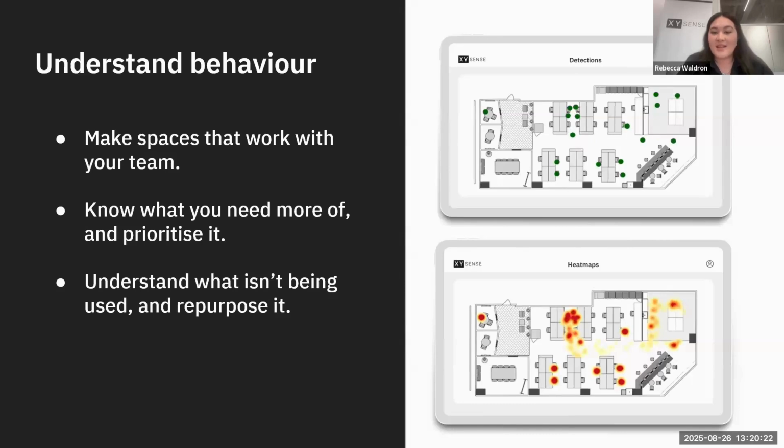So to begin understanding your space, it's critical to understand behaviour. Being able to have an understanding of the way that people are actually interacting with your space is the most important part of creating a workplace which can adequately respond to the needs of employees. This involves collecting data and recognising what blind spots you might have as well. An example of this, of where we've seen this, is in actual meeting room usage compared to expected usage.